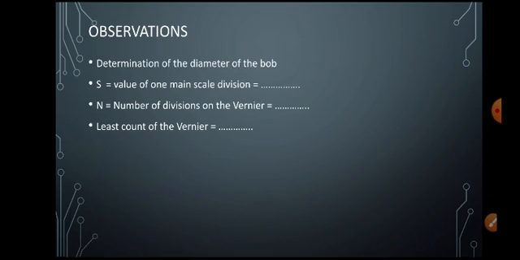So next, observations: what you observed while doing the experiment. You have determined the diameter of the bob, and from that you can extract the radius, and the main scale divisions, number of Vernier divisions and least count you observed. These are the observations.